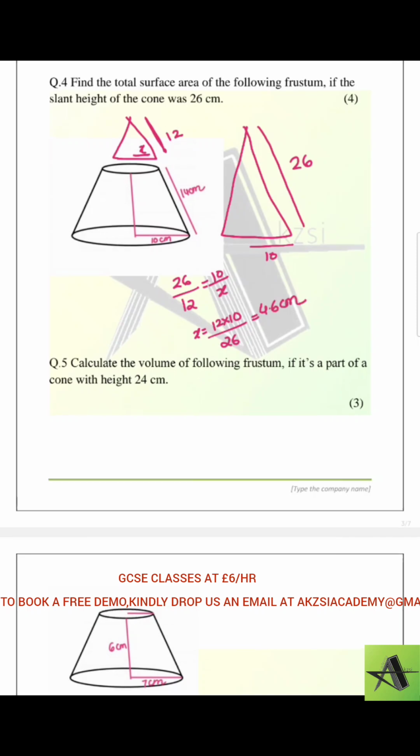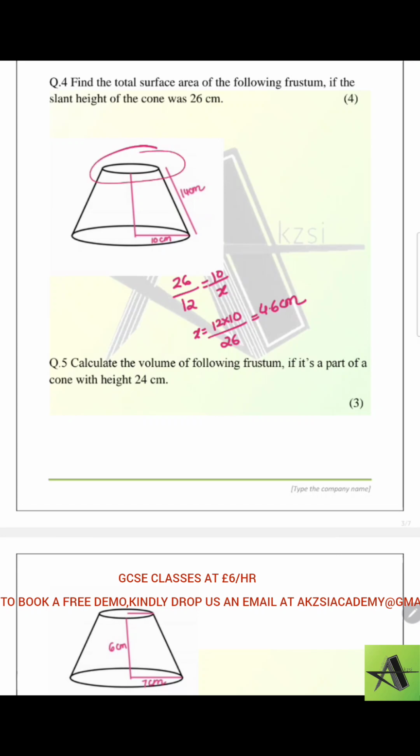Okay, since we have calculated the value of x, that is the radius, now it's easy for us to calculate the area of this frustum. Upper part would be pi r squared, which is pi times 4.6 whole squared, plus area of the bottom one, which is pi times 10 squared, plus curved part of this frustum, which is definitely, we have to calculate curved part of the bigger cone, which is pi r L. So for the bigger one, slant height is 26 centimeters and radius is 10.